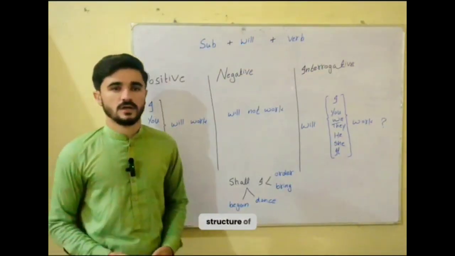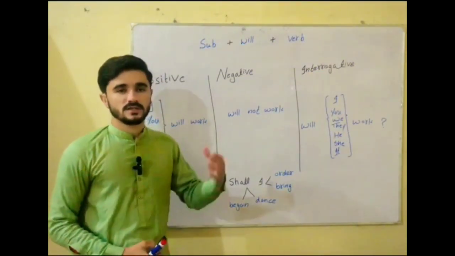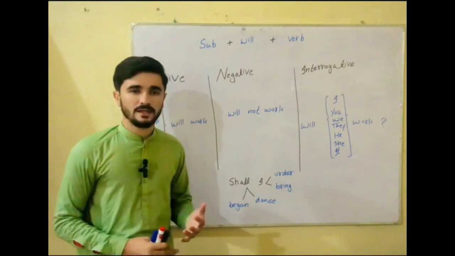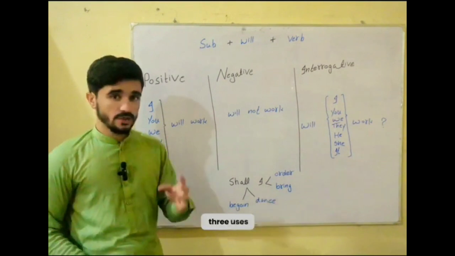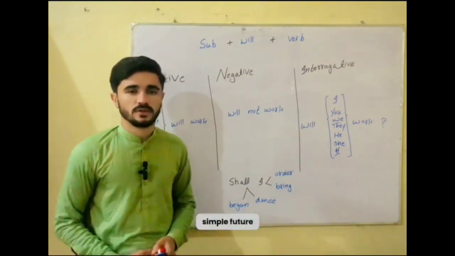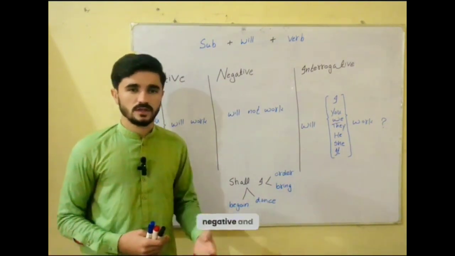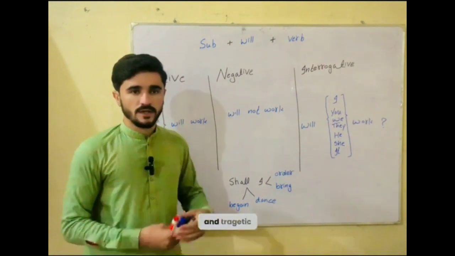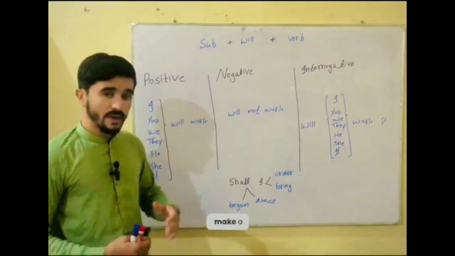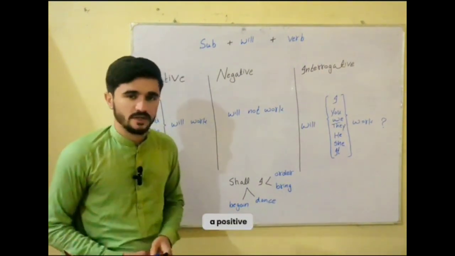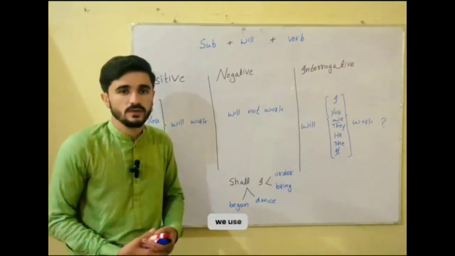What's the structure of simple future? Subject plus will or shall, and verb. We have three forms of simple future: positive, negative, and interrogative. Interrogative means question sentence. How do we make a positive sentence?